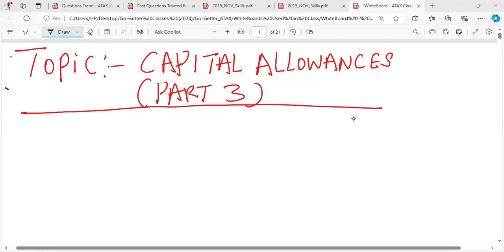We are treating the topic capital allowances. This is part 3 of this topic. In part 1, we learned about what capital allowances are. We learned what is initial allowance, annual allowance, investment allowance, rural investment allowance.